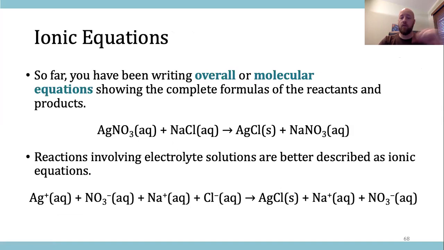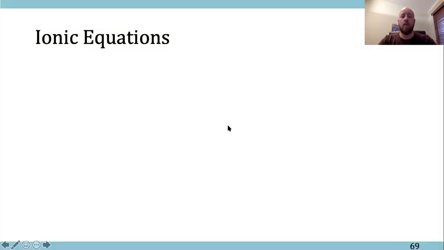So the silver chloride here is simply silver chloride again, and then the sodium nitrate is separated into its ions. This would represent the total ionic equation. This is one of the possible questions: what is the total ionic equation for this reaction?